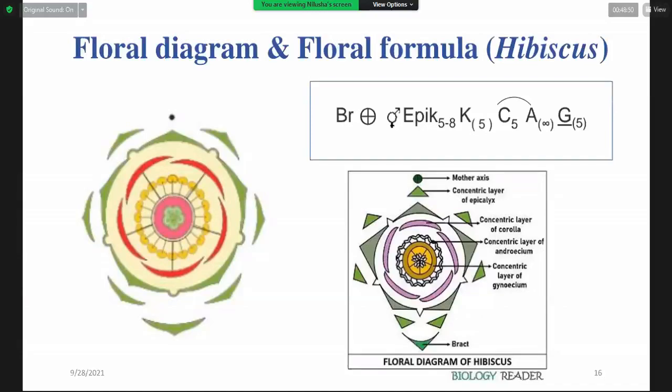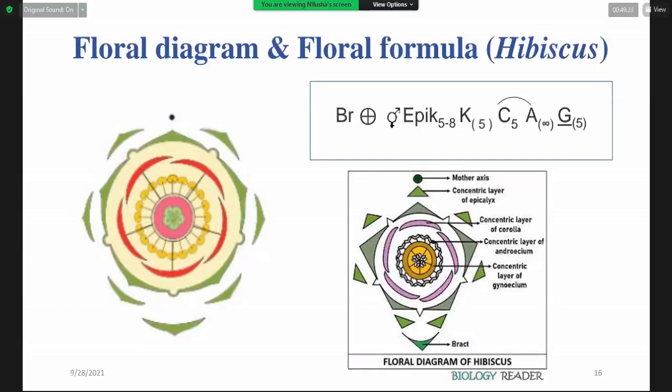So we write Br for the bracteate flower. Next is the actinomorphic character. Actinomorphic means they have many axes of symmetry.